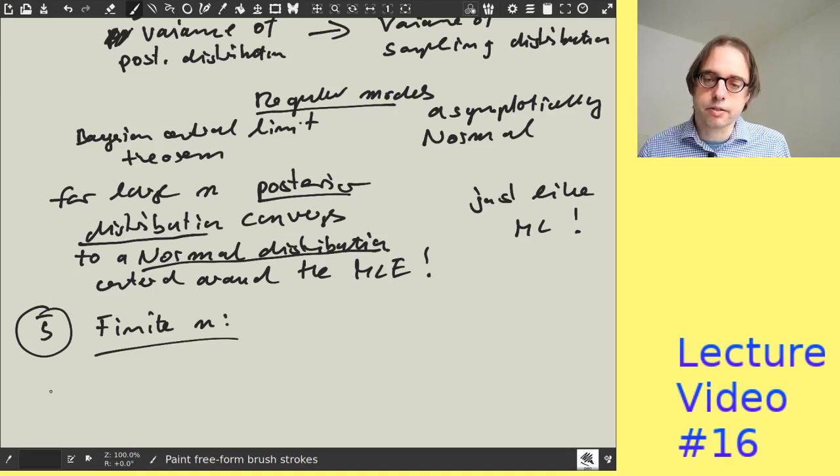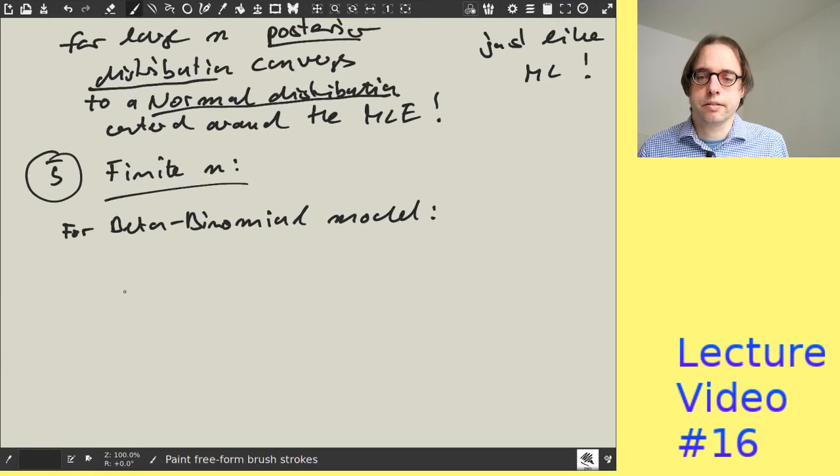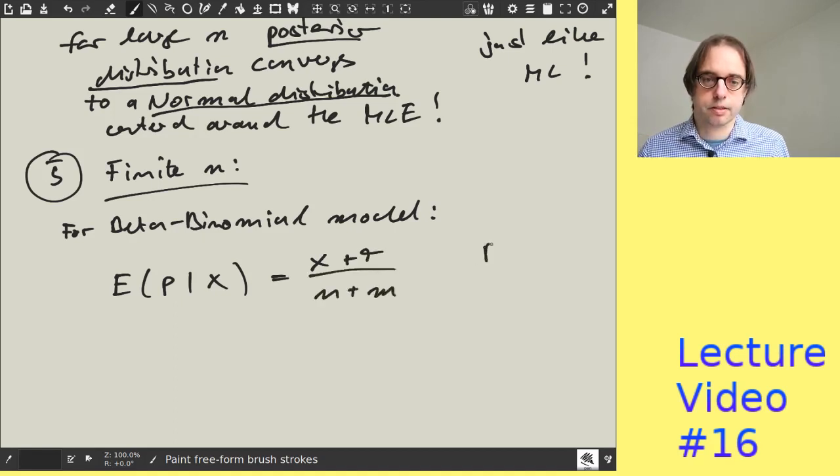Let's recall, for the beta binomial, we had the posterior mean, x plus alpha divided by n plus m, so that's the posterior mean.